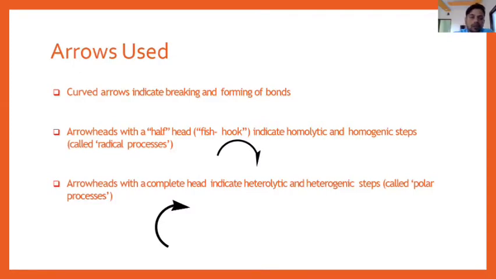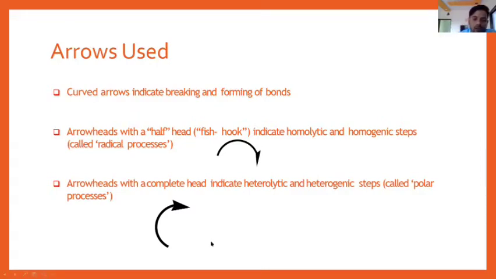let us see the arrows used in the organic reaction mechanism. So curved arrows indicate the breaking and making of bonds. When we break a bond or make a bond, we have to show this curved arrow. So the first arrow is a fishhook arrow. Look at its structure. It is a half-headed arrow, or you can call it a fishhook arrow, and it is generally indicated after homolytic bond cleavage.